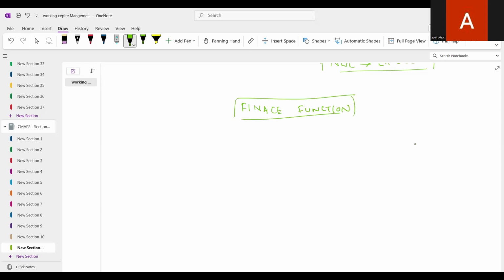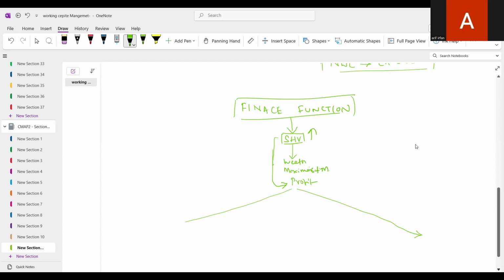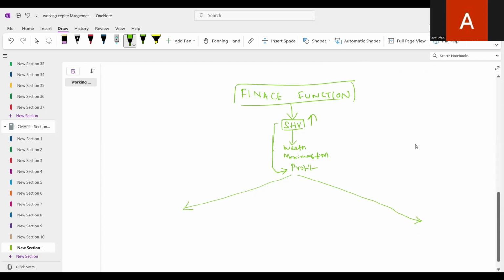So the finance function, basically the focus is on the shareholder value, how to improve the shareholder value. What exactly is the finance manager's role, what we have to do. So there are two things that you have to do.